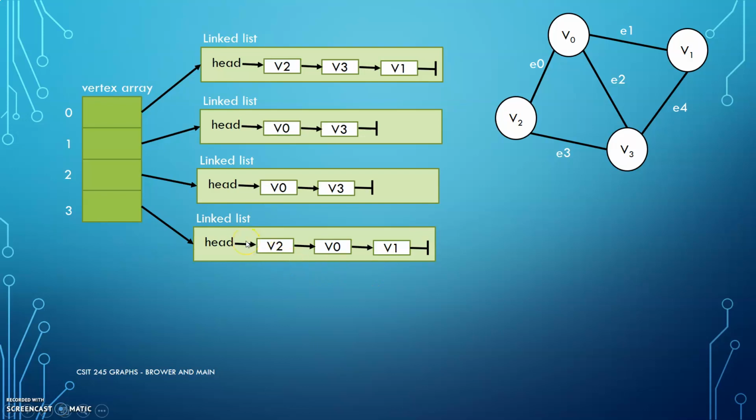So the singly linked list that we did in Lab 5, which we used again in Project 2, we could have a singly linked list of vertices. And so then for a vertex, we can have a linked list of vertices that are adjacent to it. So suppose here we're on vertex 2 and this is our list.